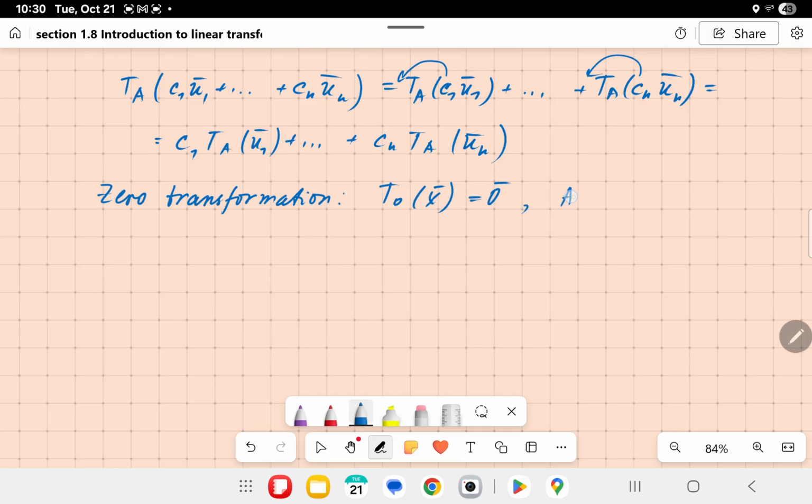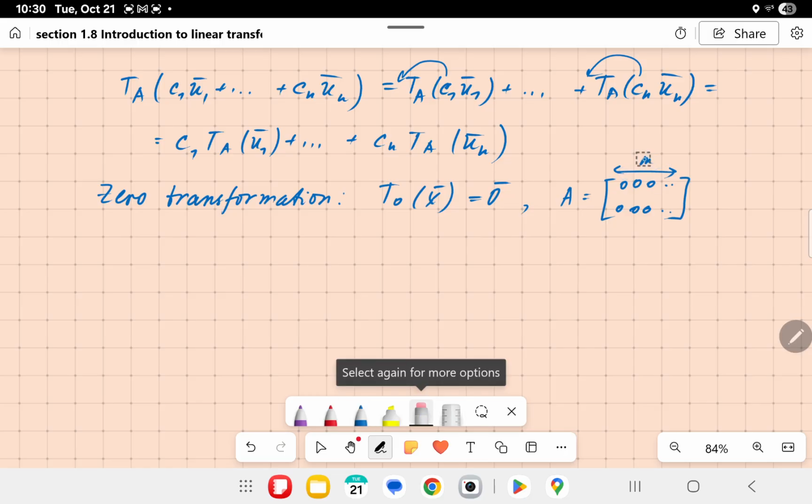The matrix of this transformation is going to be all zeros. It's going to have n columns and m rows of zeros. Zero transformation.